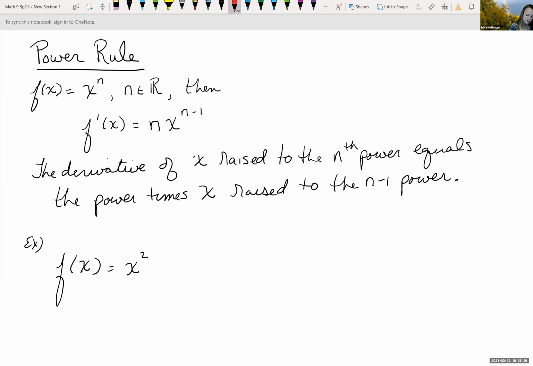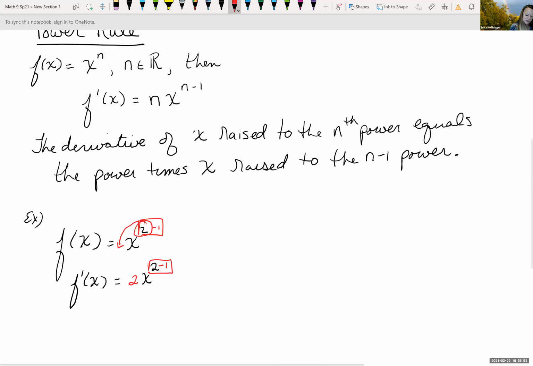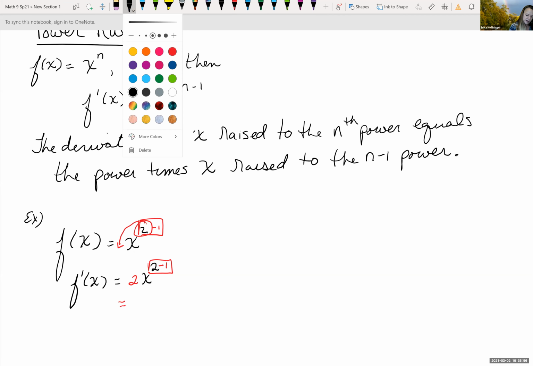So the derivative: I take my power, bring it down front, x, and then subtract 1 from it, so 2 minus 1. So this is equal to 2x.